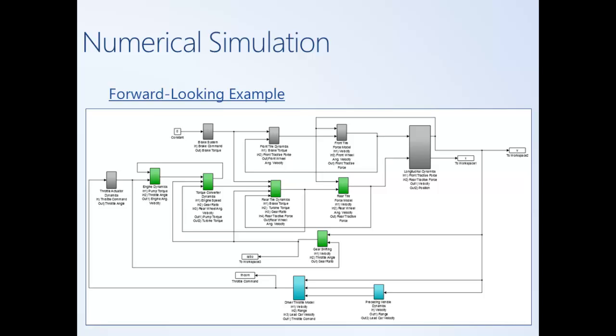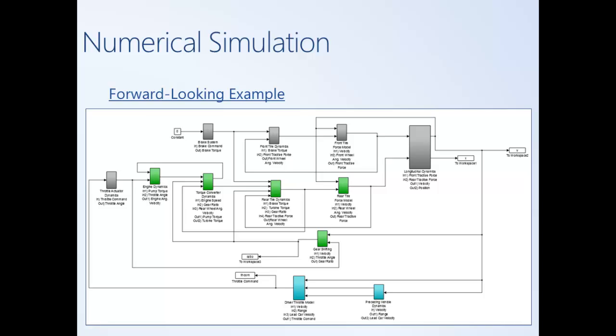And so the structure of this mimics the structure of an actual physical vehicle, the flow of inputs and outputs. Each box may be modeled by a physics-based differential equation, but it may also use an empirical map. So for example, this engine is based on a map of empirical data.